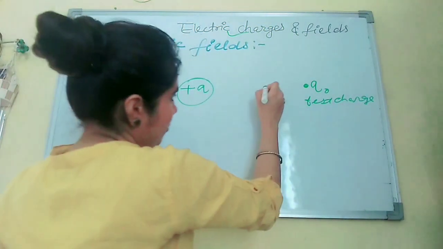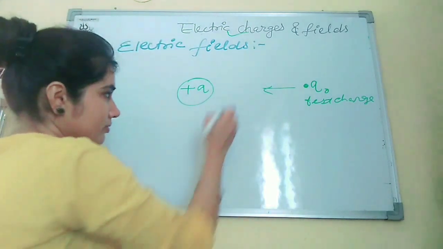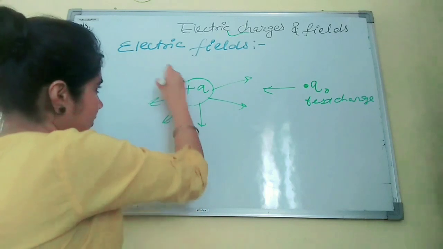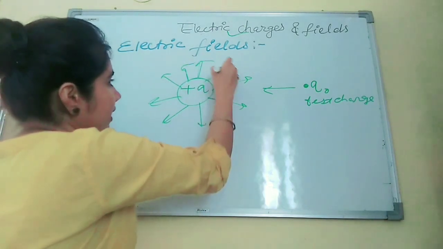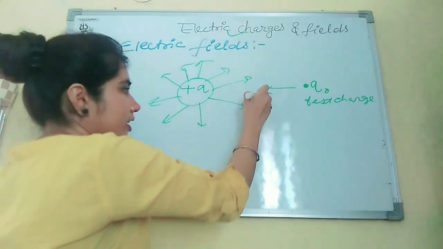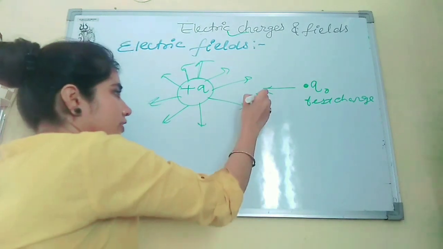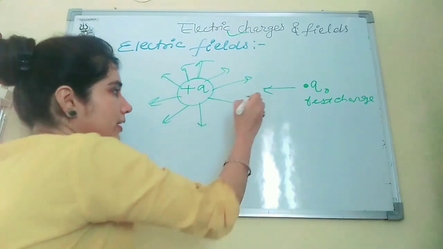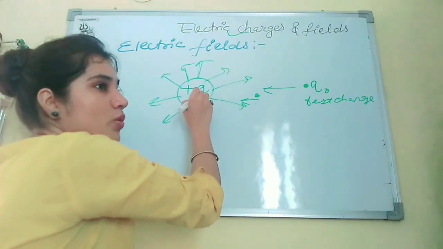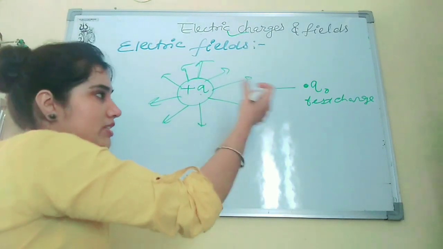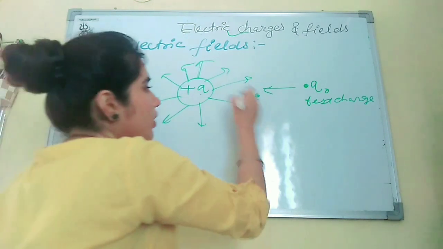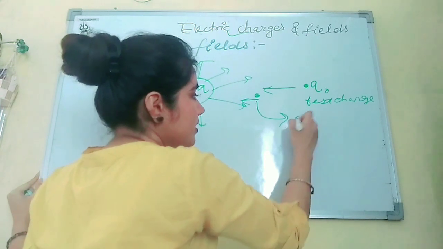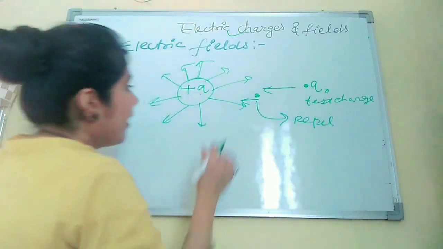It is moving freely towards this direction and comes to this point, and after this point it is trying to enter this region, but this plus Q has applied some electrostatic force, and because of this force the charge gets repelled.